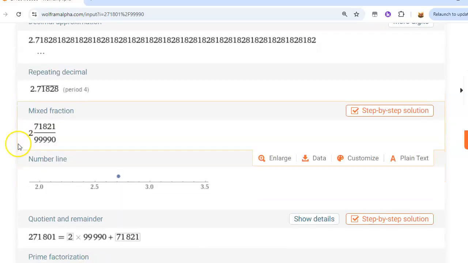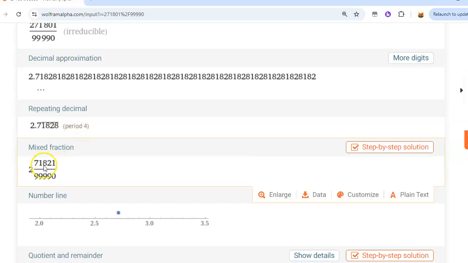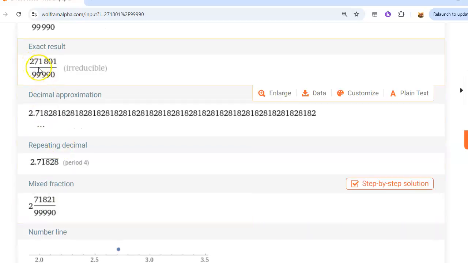And it even mentions that we could write that as a mixed fraction, 2 and 71821 over 99990. Okay, so there it is, my number, and it again is exact.